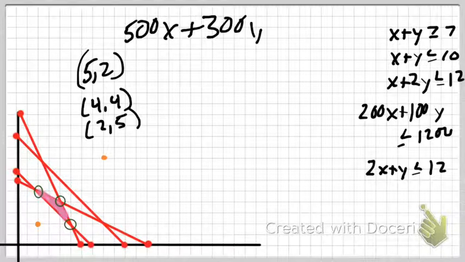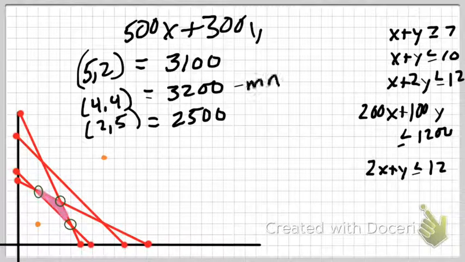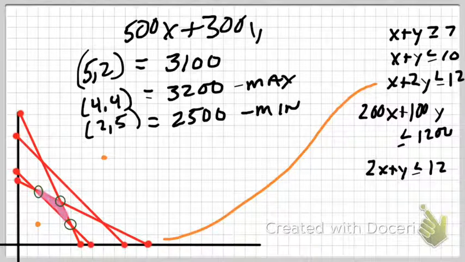We want to know which of those gives us the best chance for a profit. There it is. Our best chance for a profit is to go 4 and 4. 4 acres of wheat, 4 acres of rye.